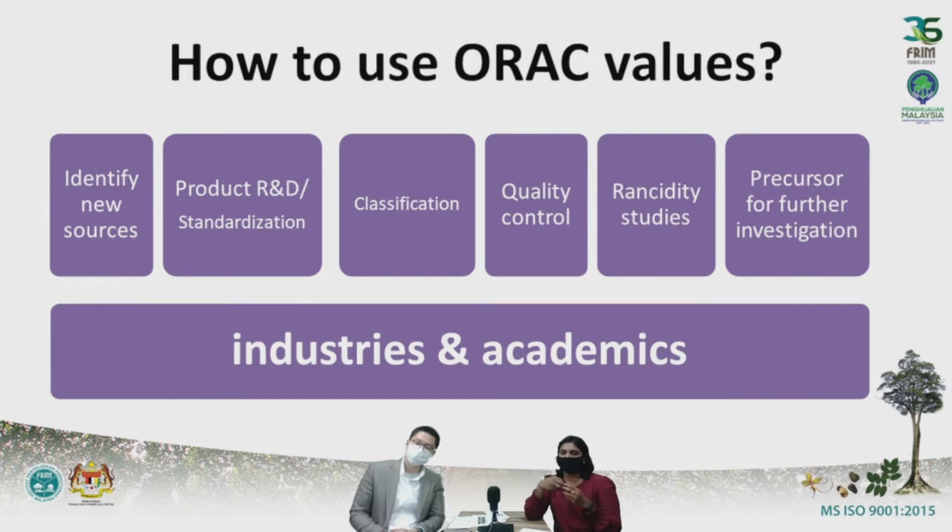ORAC can help you classify your products as products with antioxidant property. And you can use ORAC value for quality control purposes, which involve storage, packaging, and stability. You still can use ORAC to measure.